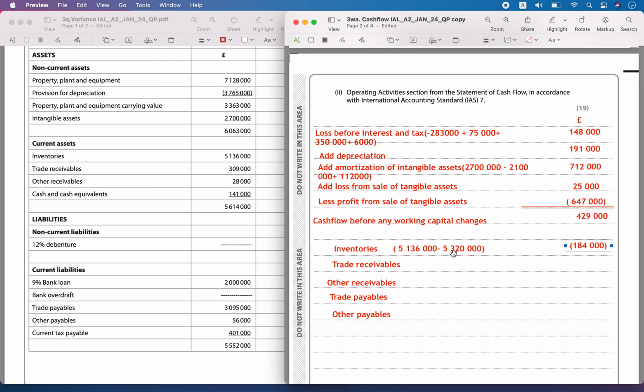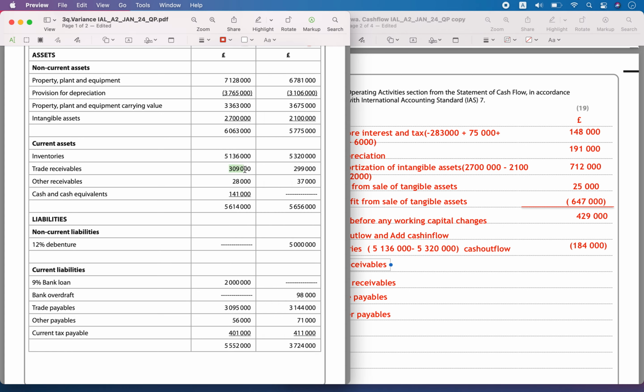You have bought inventory, there is an increase in inventory, so this is a cash outflow. You will have to subtract cash outflows and add cash inflows. So here, inventory increase is a cash outflow.